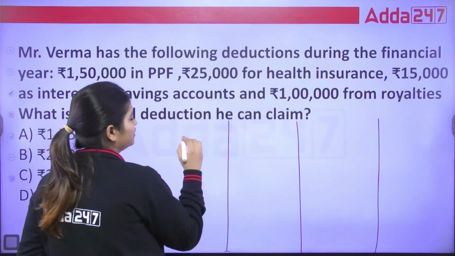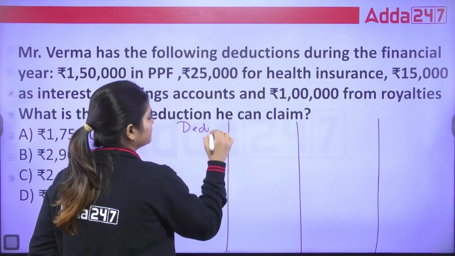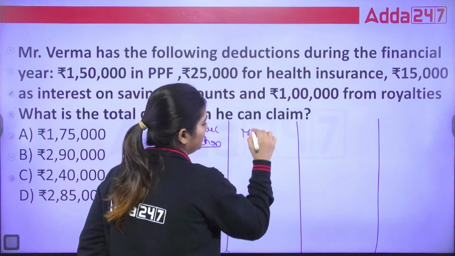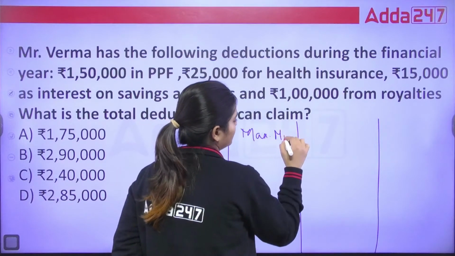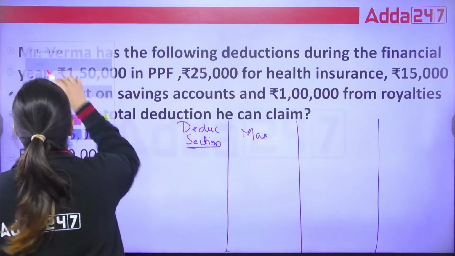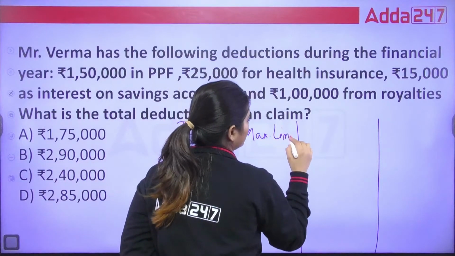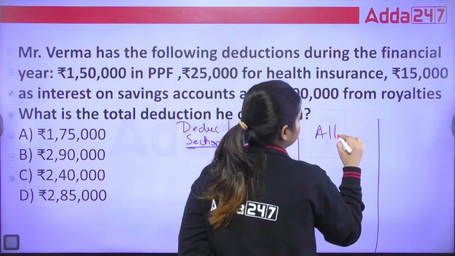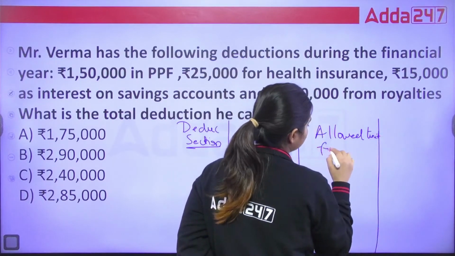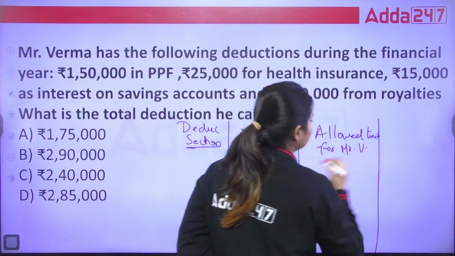Here I'm going to tell you the deduction section, their maximum limit, and the allowed limit for Mr. Verma.